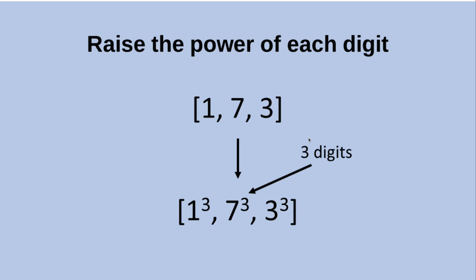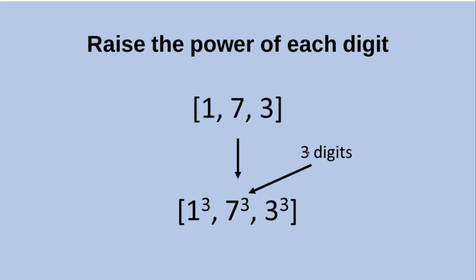Now after I have got the digits, I do the power of each of the digits. So I would raise 1 to the power of 3, 7 to the power of 3, and 3 to the power of 3. Why do I need to put 3 as the power?